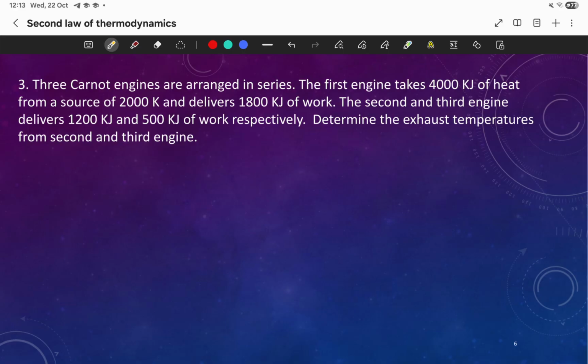So this is question number 3. Three Carnot engines are arranged in series.